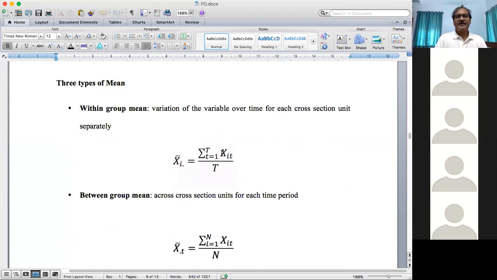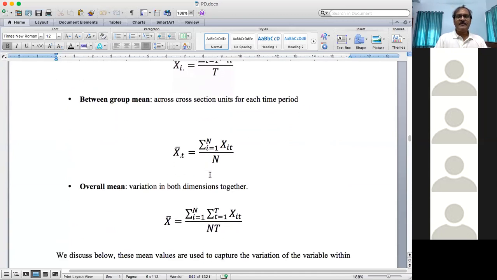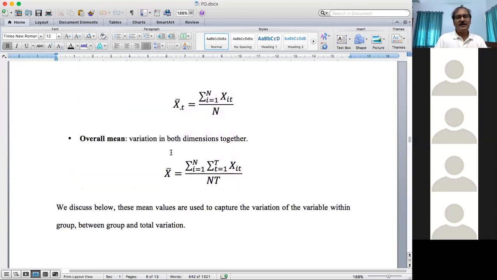So we are taking the sum of the variable over time for a particular cross-section unit xi to get the within group mean. Similarly, for between group mean, we are taking the sum across the cross-section units at a particular time point t. And if we allow both dimensions, cross-section as well as time series, to change, we have the overall mean. So if we have a panel data, we can calculate three types of mean value: the within group mean value, the between group mean value, as well as the overall mean value.